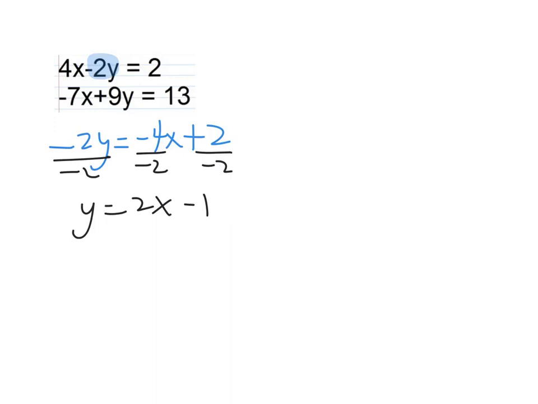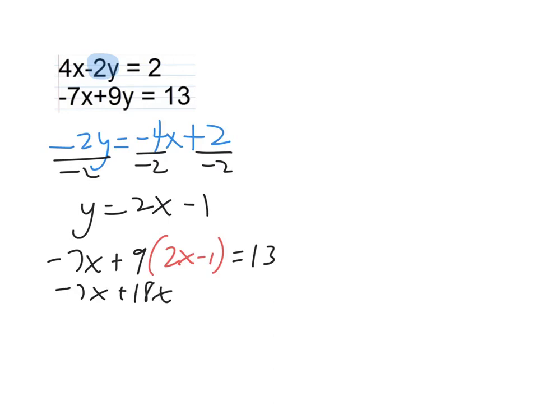All right. So now again, this is the first equation that I manipulated. So I'm going to plug it into the second equation. Negative 7x plus 9 times (2x minus 1) equals 13. So this is negative 7x plus 18x minus 9 equals 13.